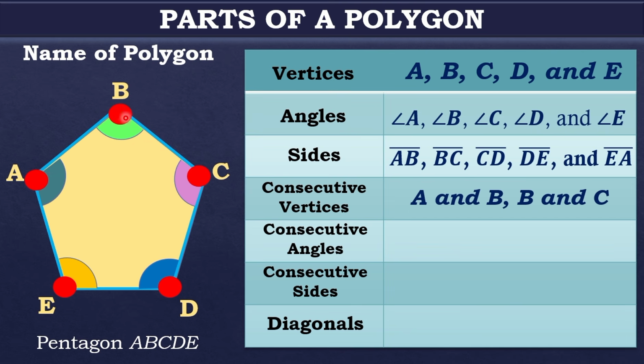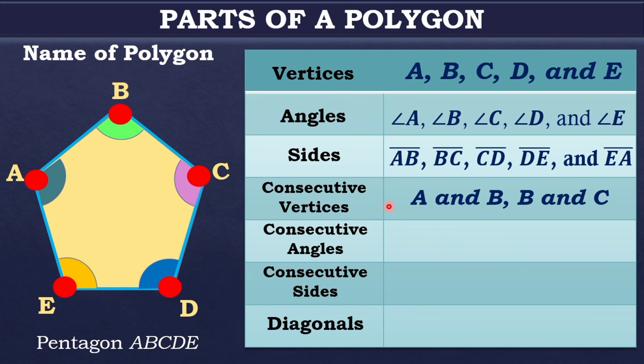Pwede rin pong B and C, C and D, D and E, E and A and B. So, ang dami pong pwede. Dalawa lang po ang binigay kong example. Kapag sinabi natin consecutive, it must be a pair. Hindi pwedeng A lang kasi consecutive. Ano yung kasunod ni A? So, A and B. Another example, B and C.